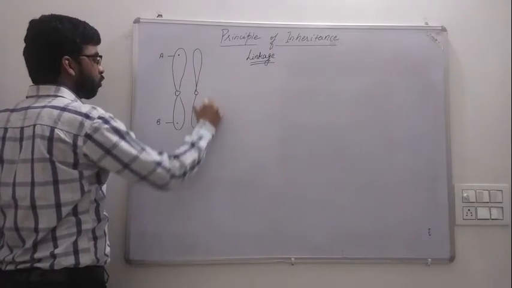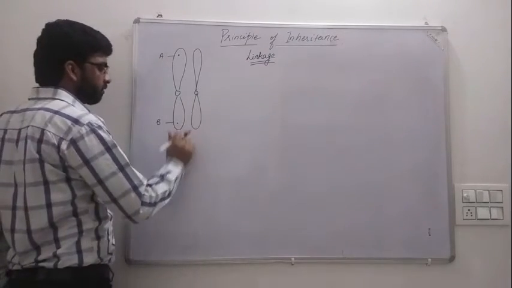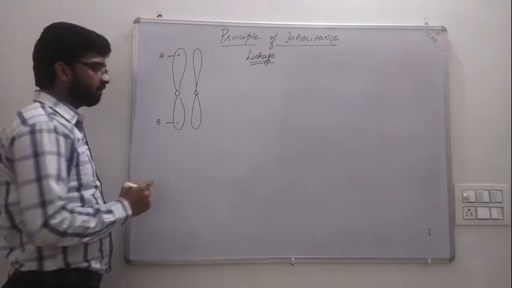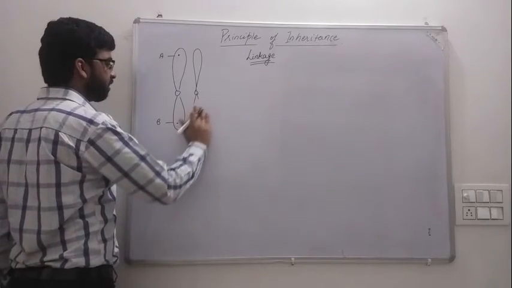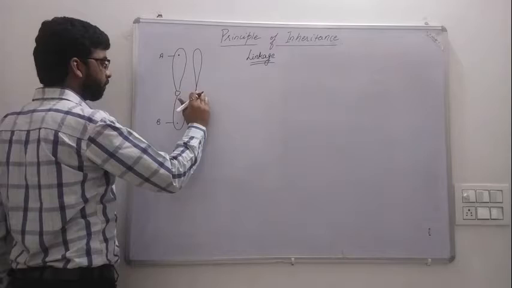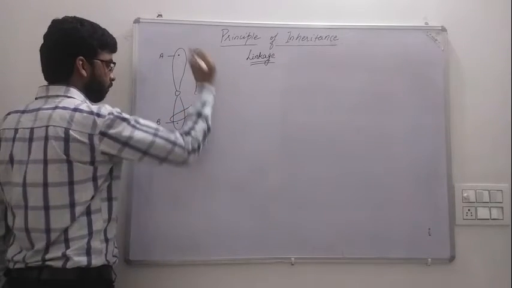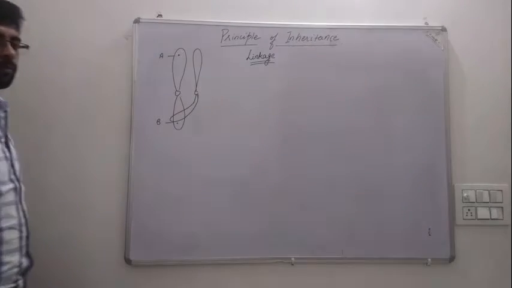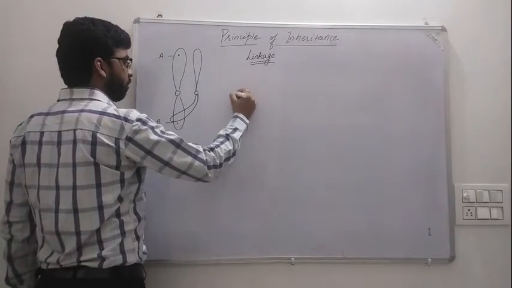It has a homologous chromosome. During cell division, we assume it is undergoing crossing over. Now what will happen here?